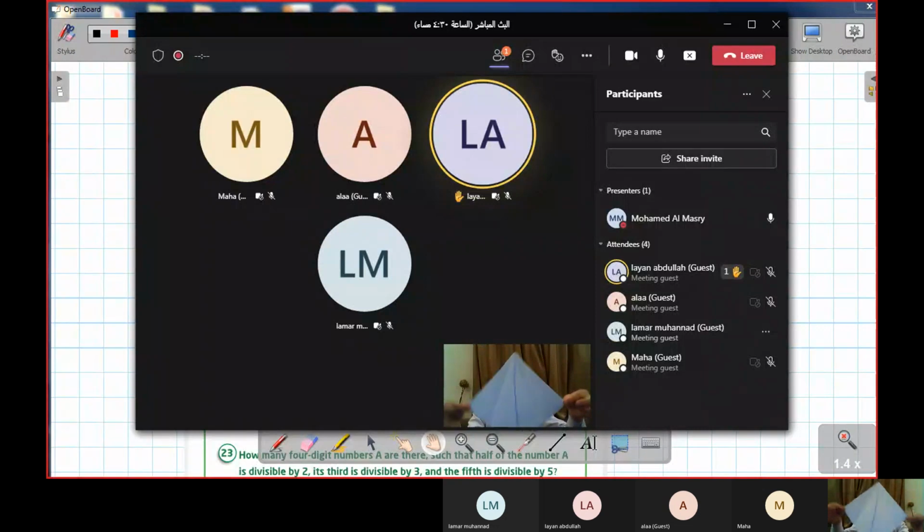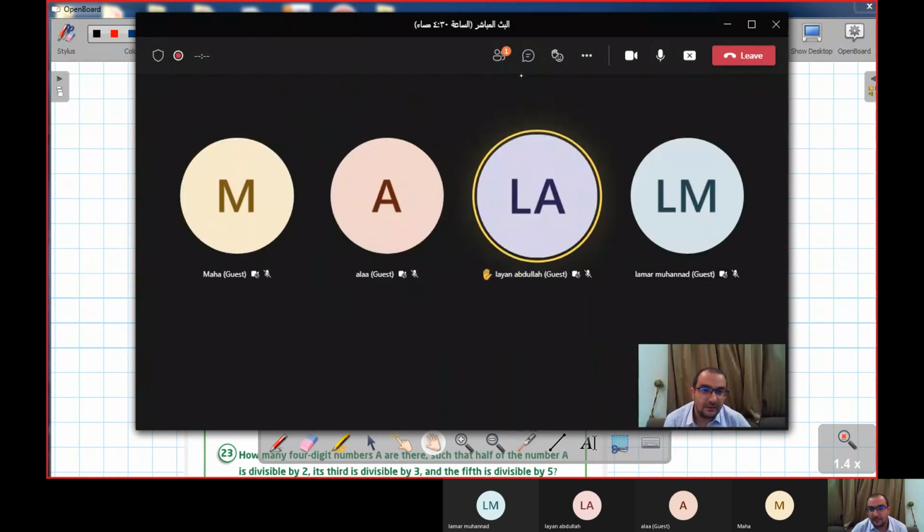So he takes the two extremities, the two vertices. Okay, so he folded like this and like this. So we have this shape like here.